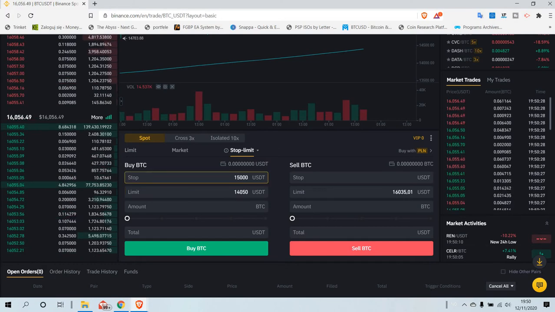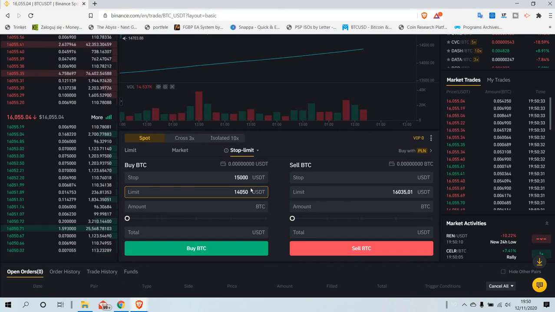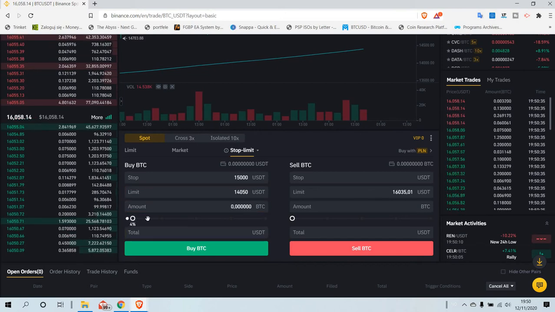So the price needs to hit this level to set up this order, and then of course we set up the amount, and the same happens in here.